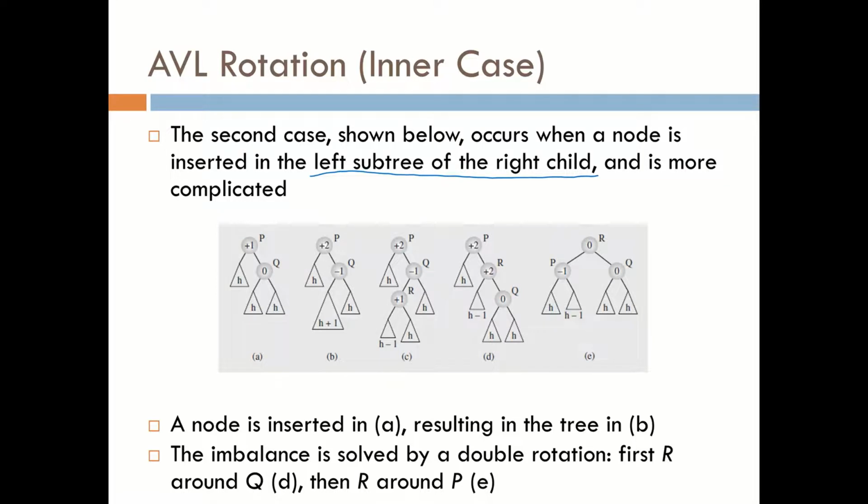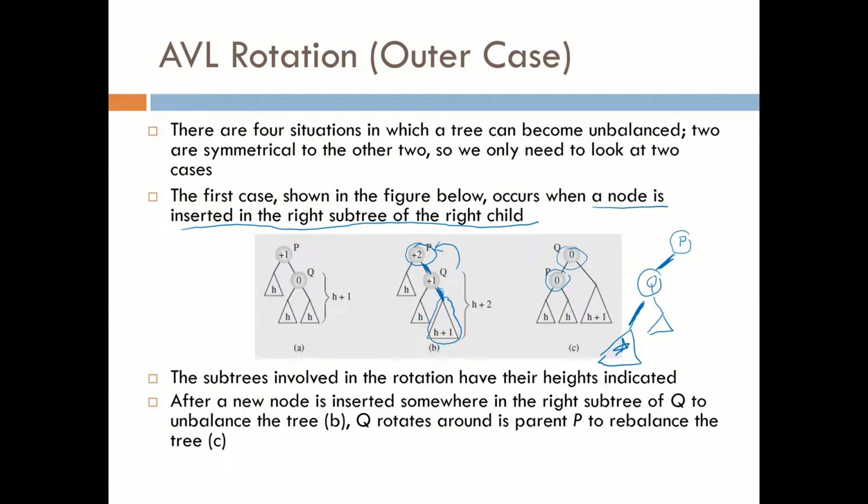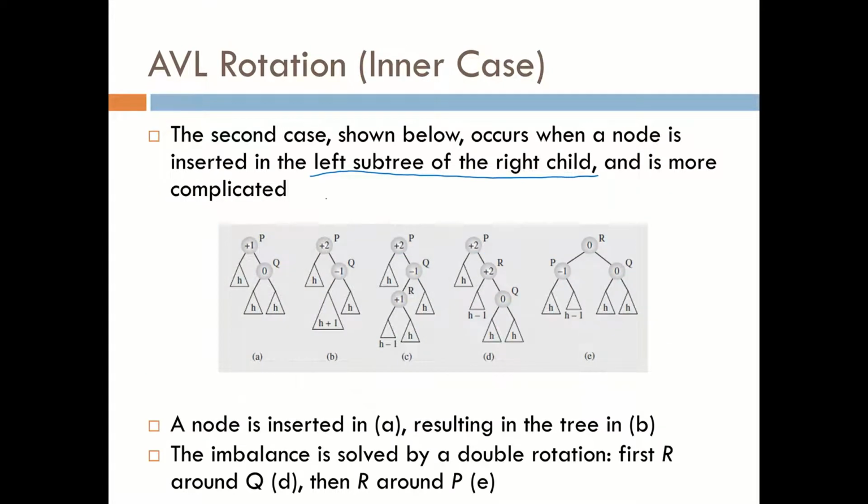So you notice if I go back here, we inserted into the right subtree of the right child, and the symmetric case is the left subtree of the left child. And in this particular case, though, it's either left of the right child or right of the left child. And that is the symmetric case.